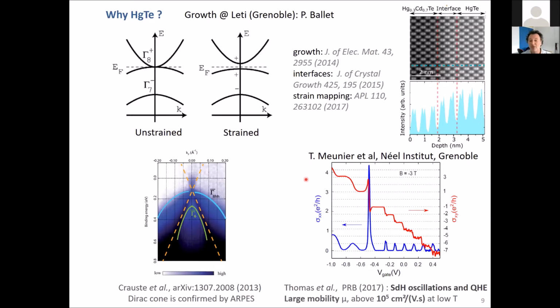And moreover, it is a material where you can achieve a mobility of the order of 500,000.